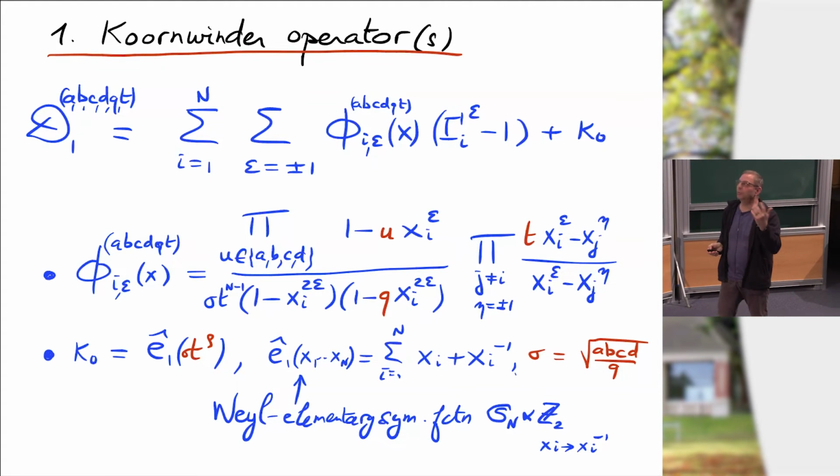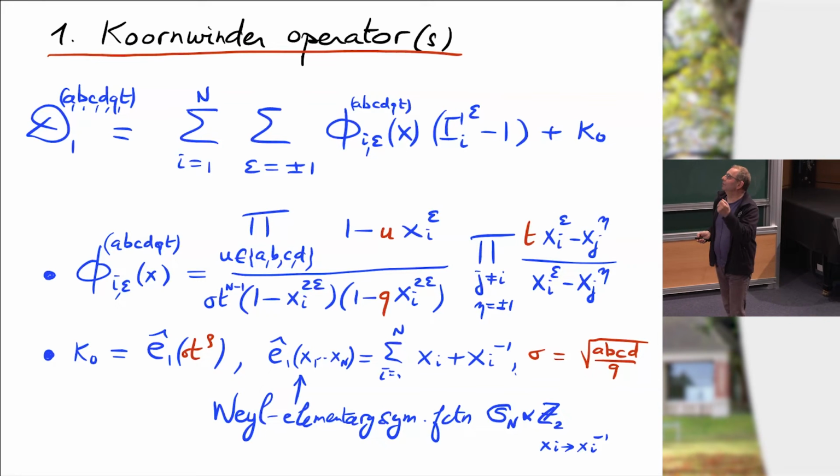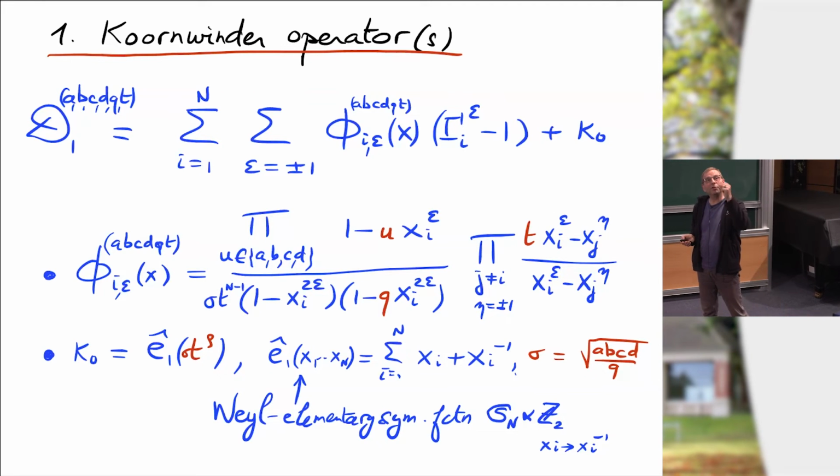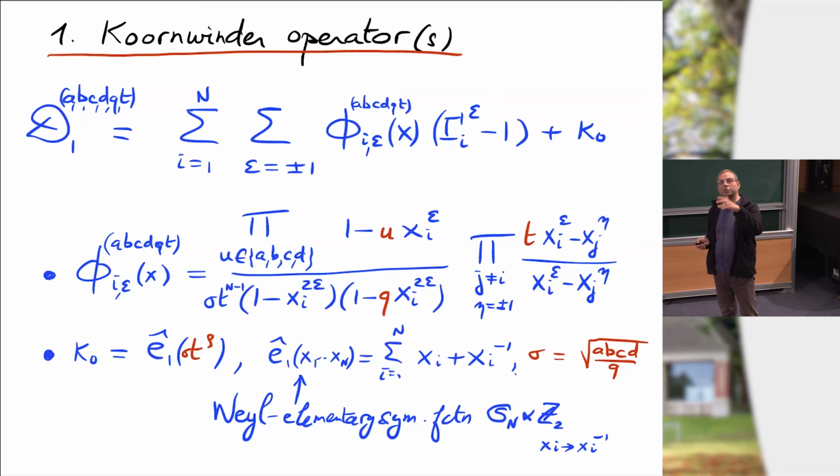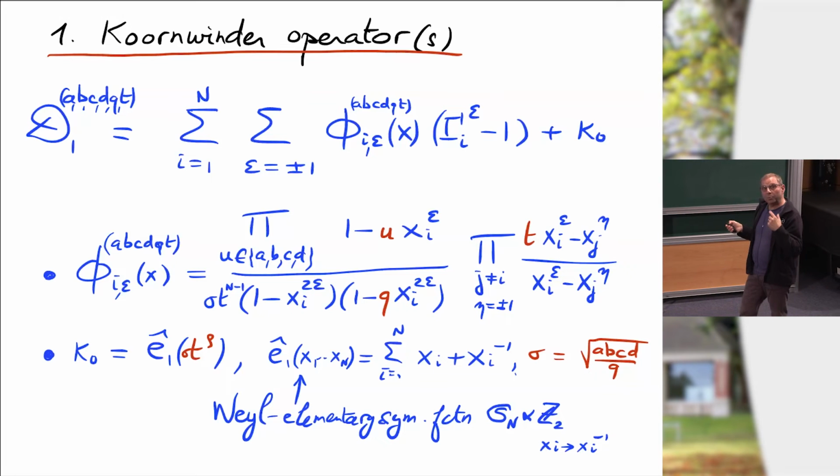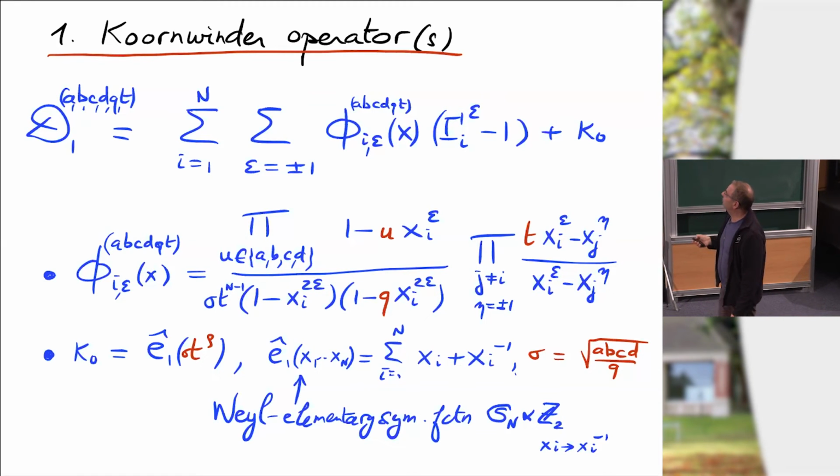And B type, we have a Weyl group which also inverts the variable, not just permutes it, right? So symmetric with respect to this B type Weyl group will be that my polynomials now are going to be Laurent polynomials because I can invert the variables, and symmetric Laurent polynomials. So that's why I have this epsilon.